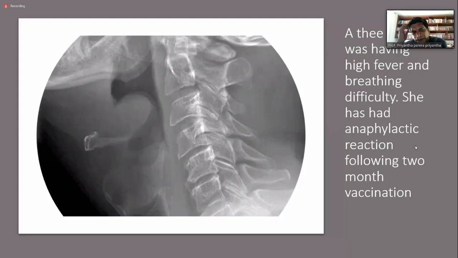What is the difference in stridor between epiglottitis and croup? Is there a difference in the stridor? Can you differentiate it from the stridor? What type of stridor do you get in epiglottitis?